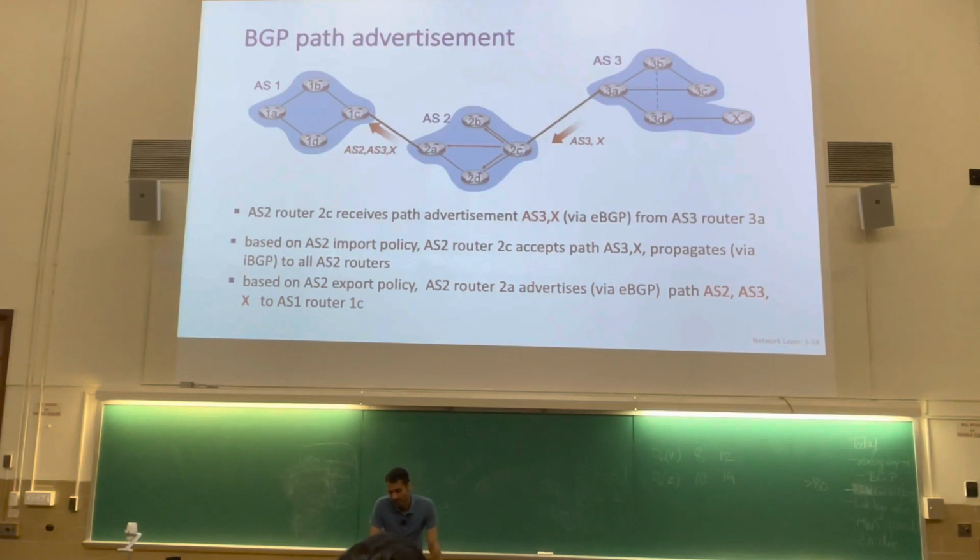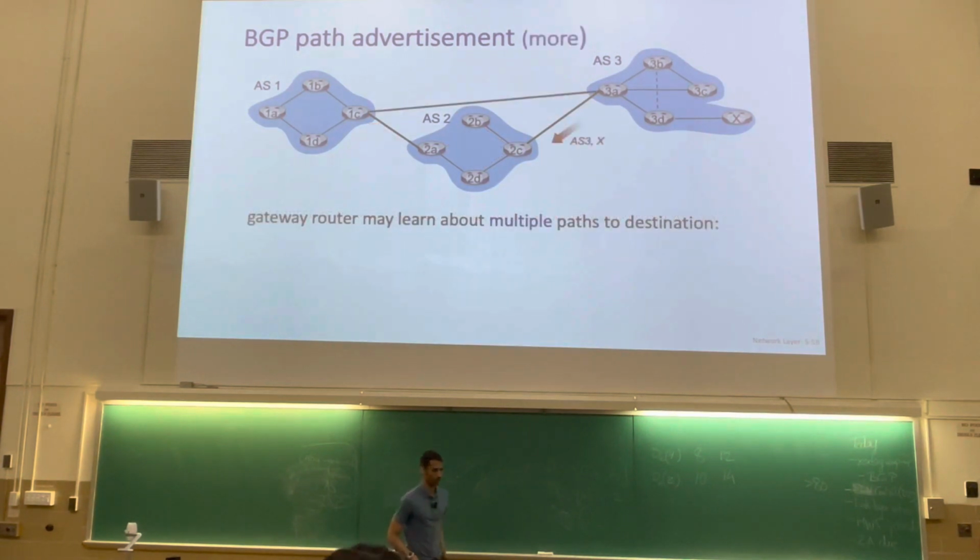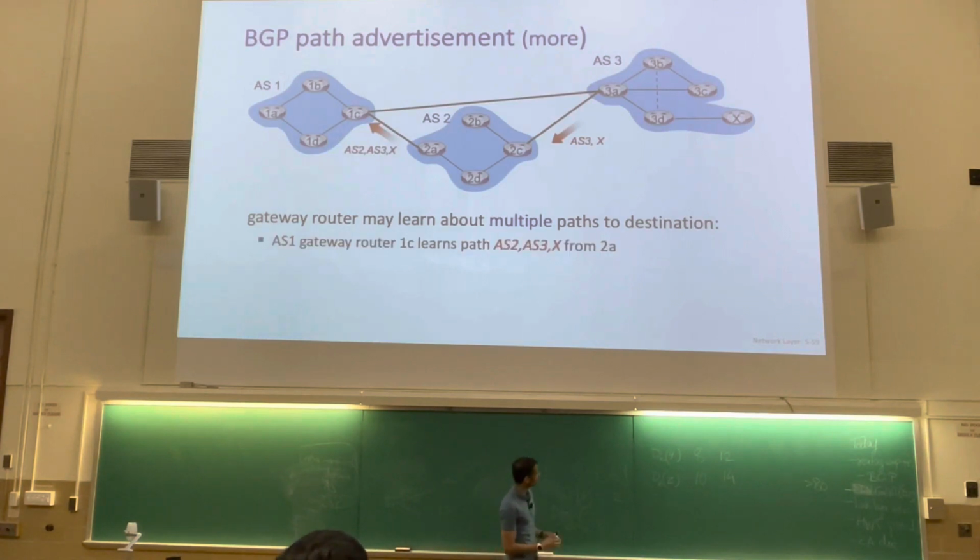So in this example, AS1 has only one way to get to X. But in general, you might have more than one way to get to X. In this slide now, AS1 can either go through AS2 and then go to AS3 and then reach X, or it can directly go to AS3 and then reach X. It has 2 different ASs that are advertising reachability to X. Which one does it choose?